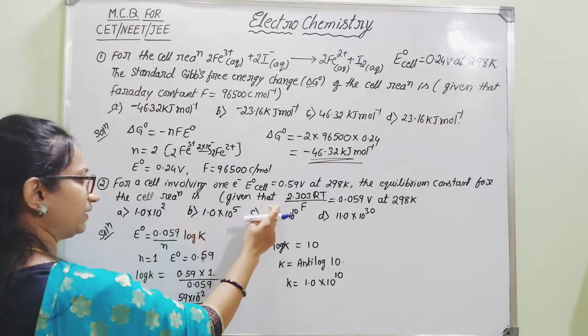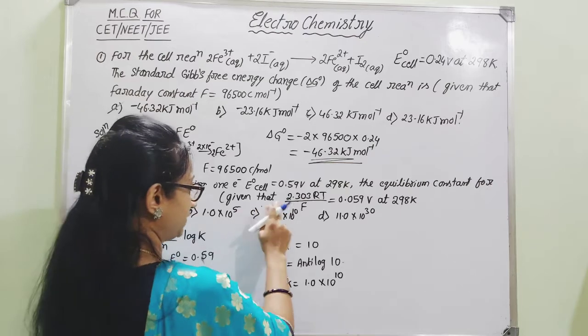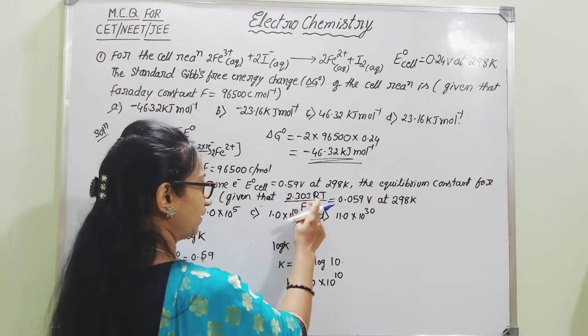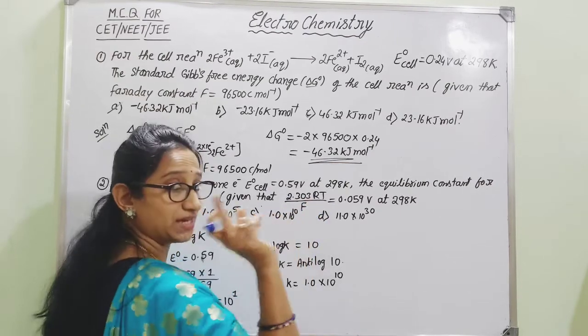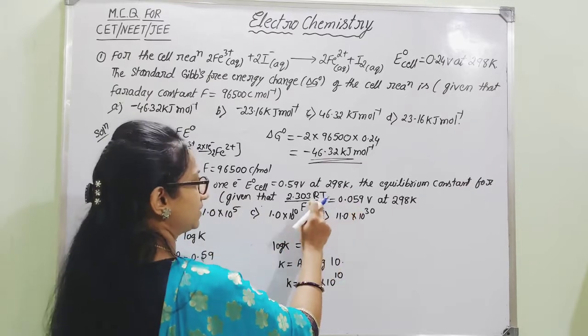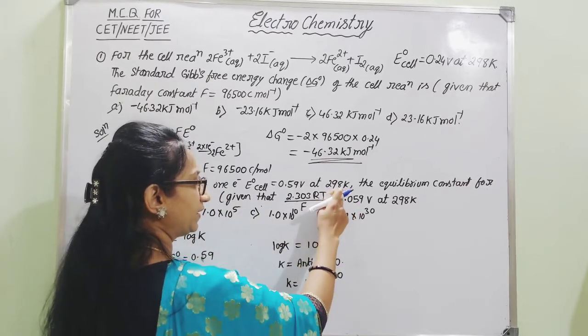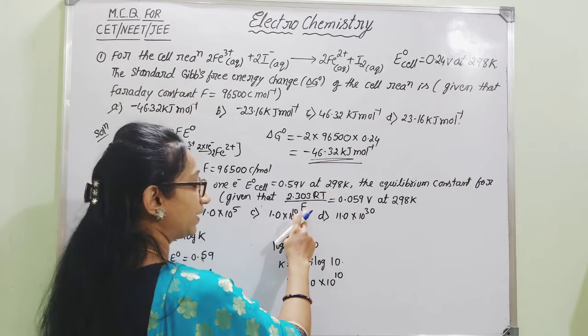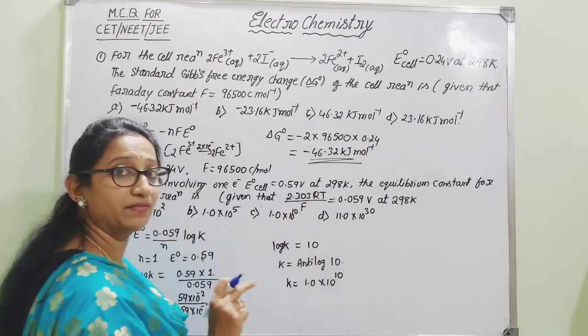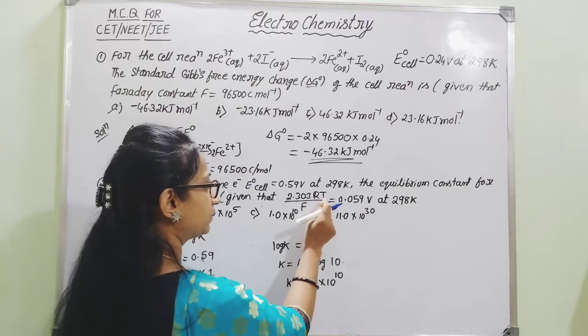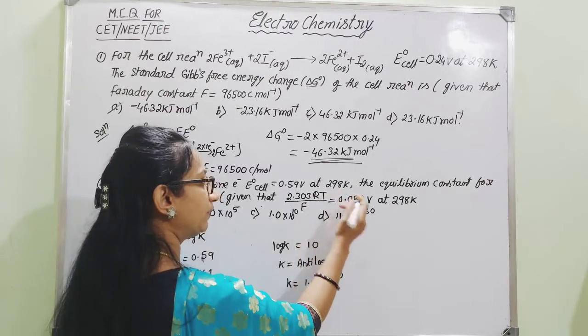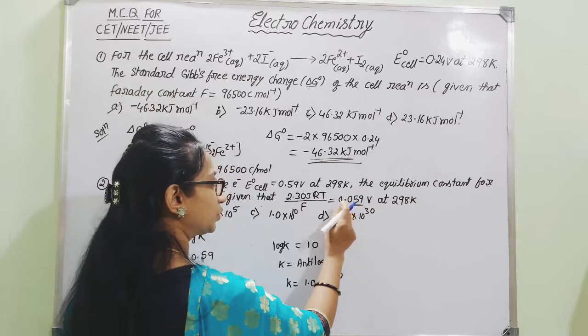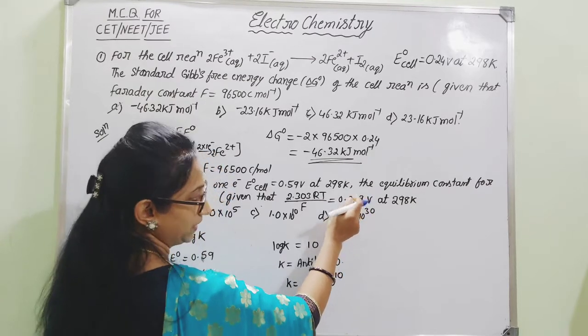And he has given a hint, that is 2.303 RT by F. You just remember here, it is temperature. If it is 298 Kelvin, then only, with F as 96,500 coulombs and R as 8.314, you will end up with this answer 0.059 or 0.0591.